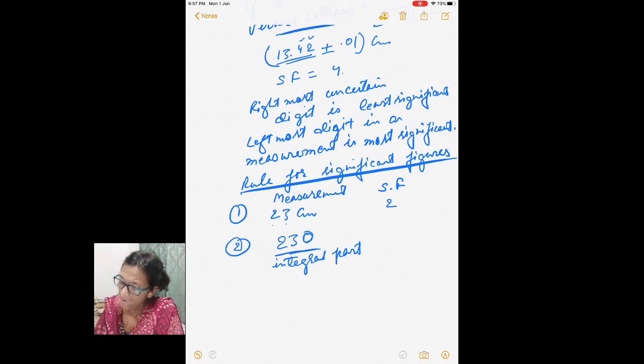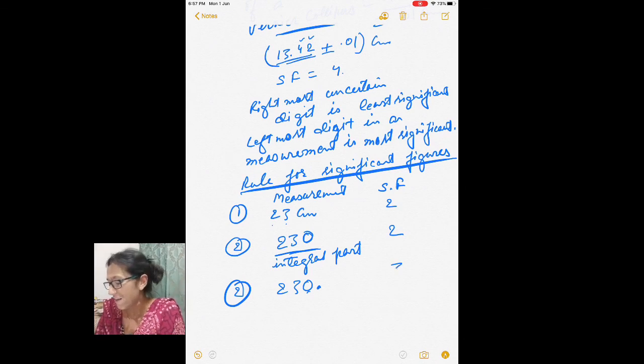You will have only significant figures 2. Now suppose you take a decimal after the integral part. Now 0 also becomes significant. Your significant figures become equal to 3.